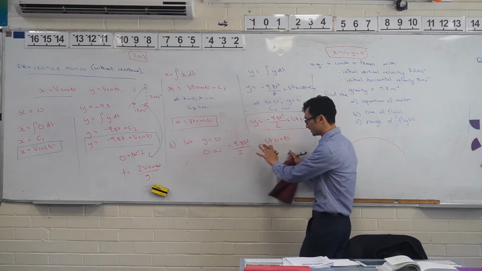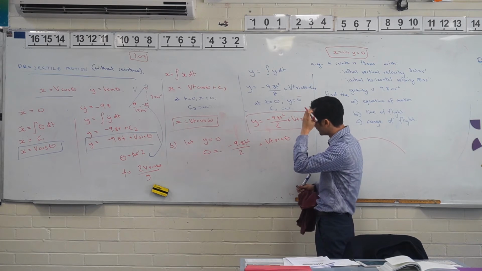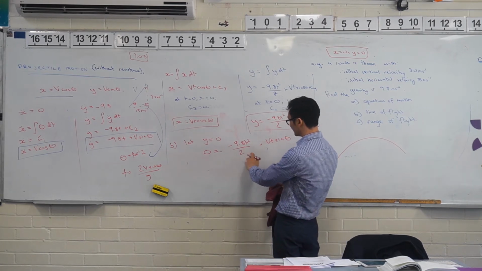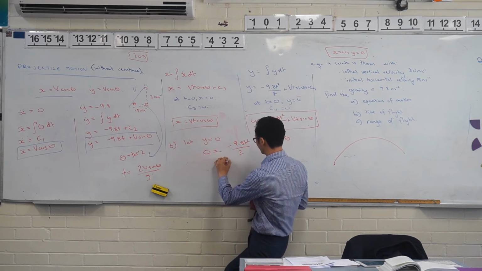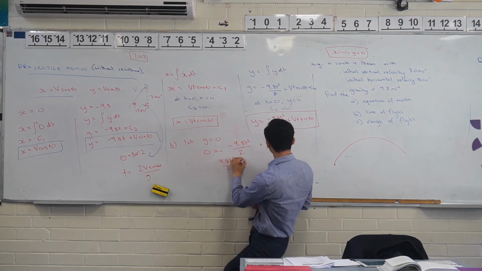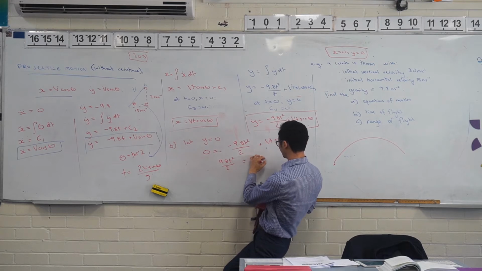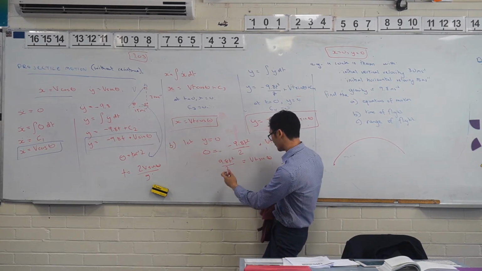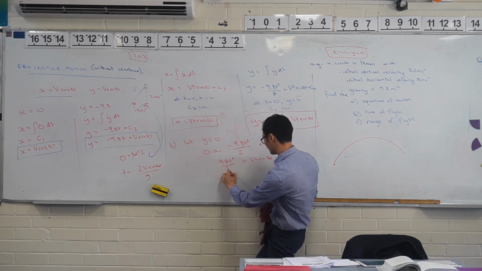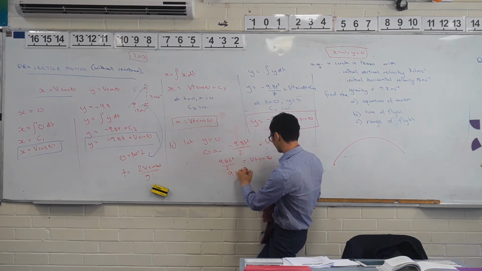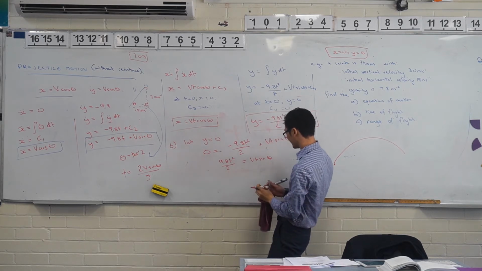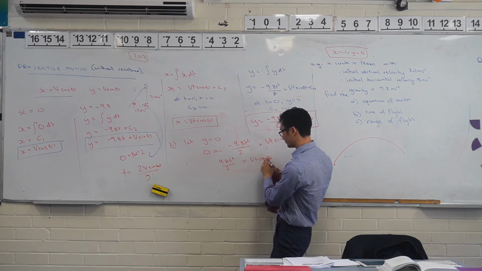So if we just leave that there for now, you can just rearrange this to have that, right? If we have 9.8 t squared on 2 equals vt sine theta, when y equals 0, you multiply everything by 2. Oh, hang on, no, I can divide everything by t.